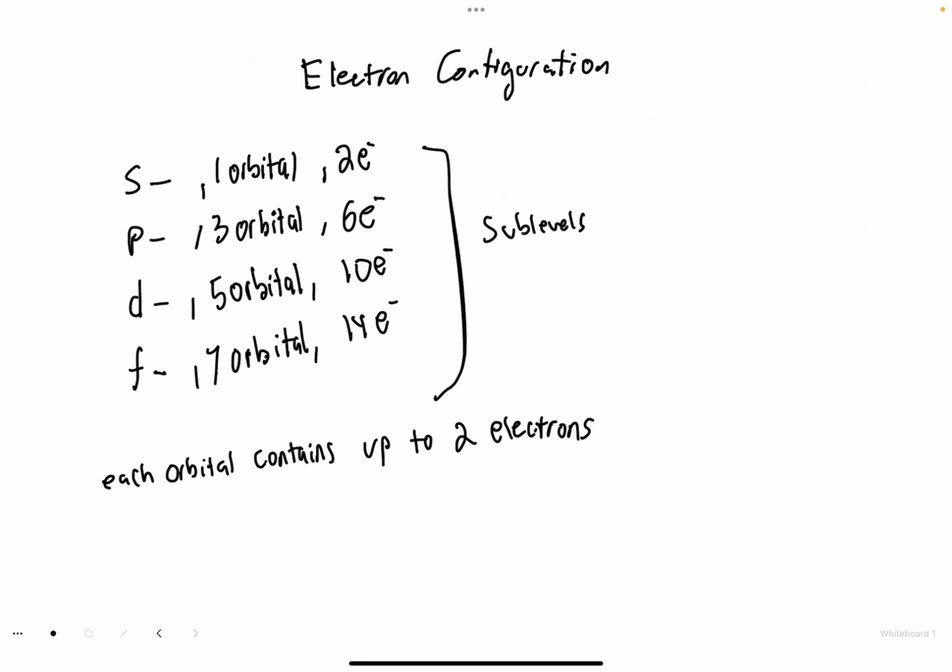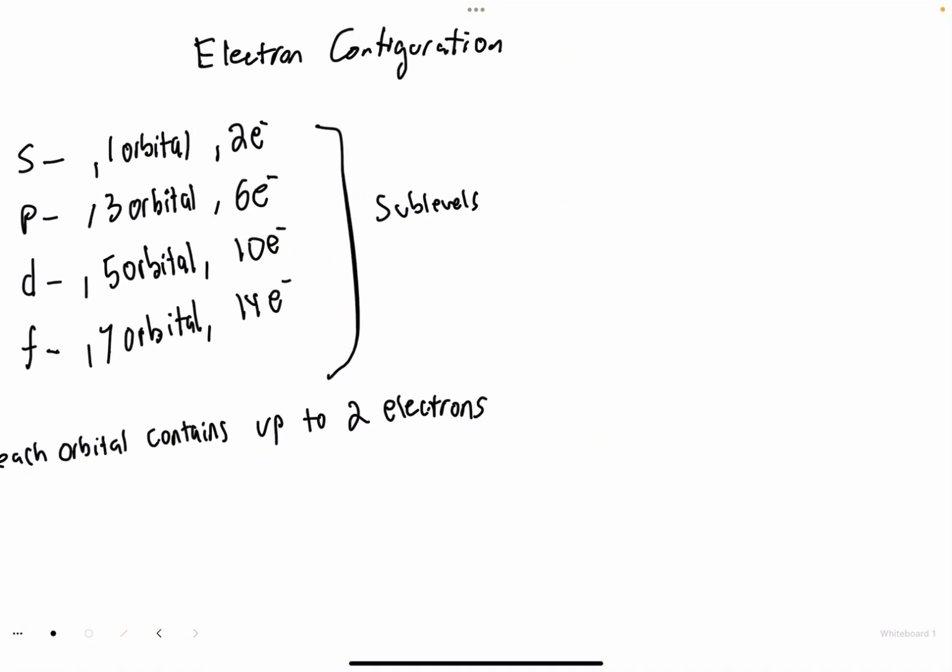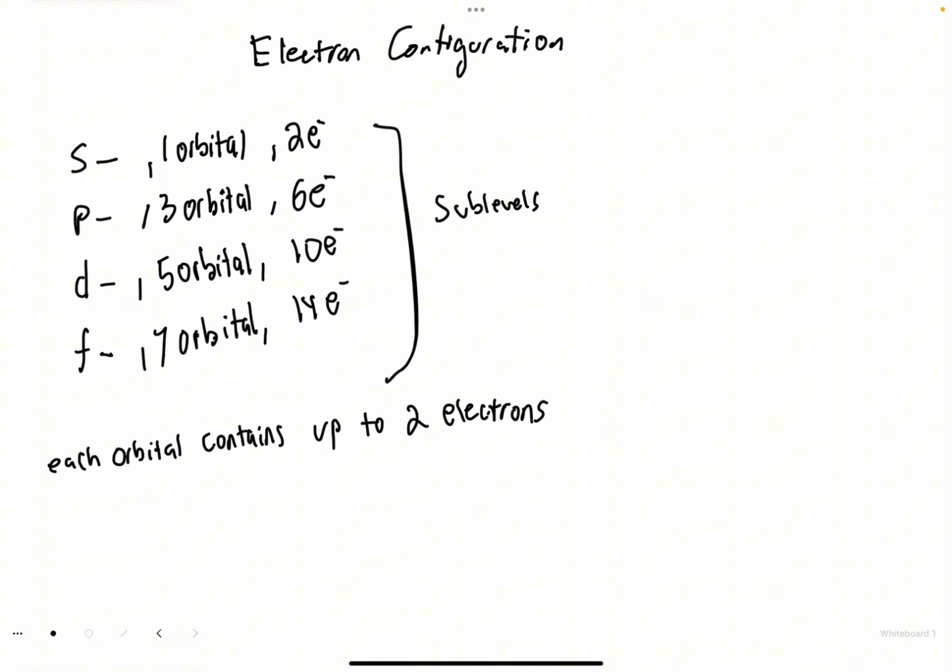So this would be the orbital diagrams. In each orbital diagram, you need to have an up and a down. These arrows are symbolizing electrons, and you always start from the lowest energy and go to the higher energy shells.